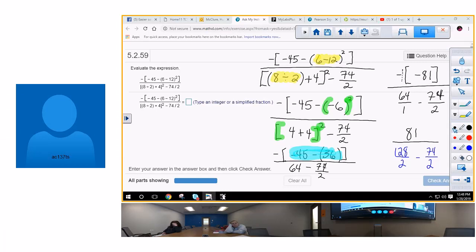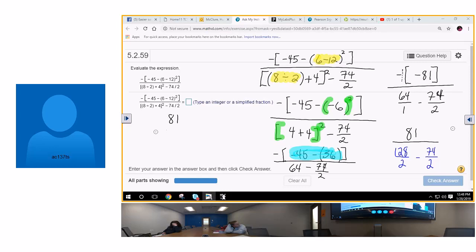And that's going to give me 81 over, what is 128 minus 74? Well, 8 minus 4 is 4. And 12 minus 7 is what? 5. Is it 5? 54 over 2. 27. And what's 81 divided by 27? And that is a test question.